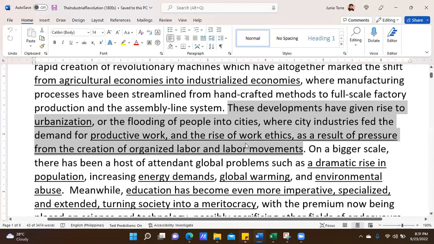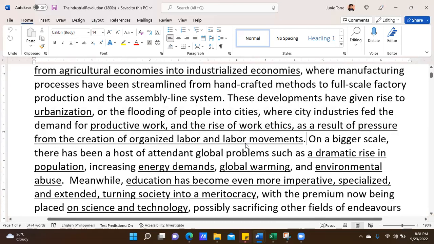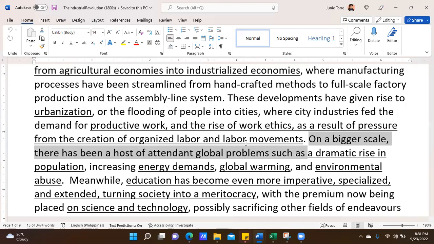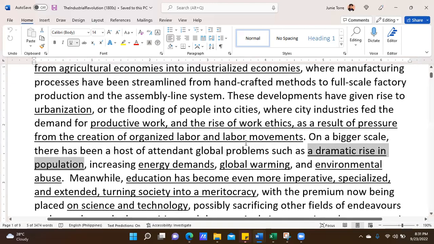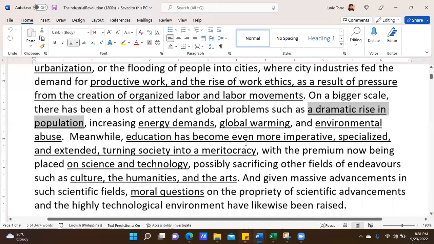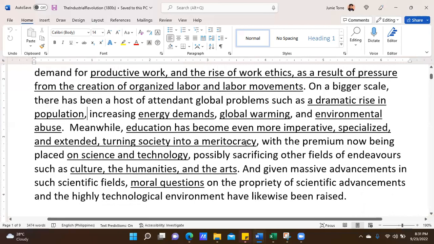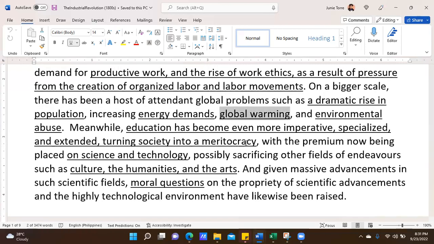Okay. On a bigger scale, there has been a host of attendant global problems, such as a dramatic rise in population, lots of prompts on population as well, no? Increasing energy demands, global warming, and environmental abuse.